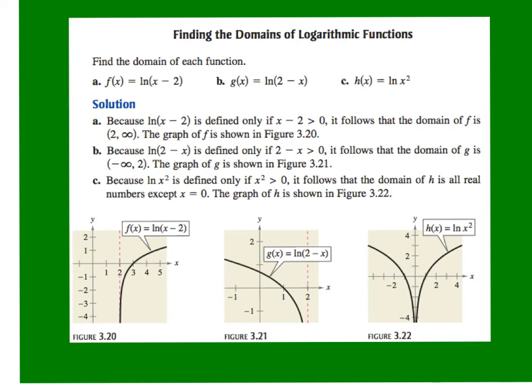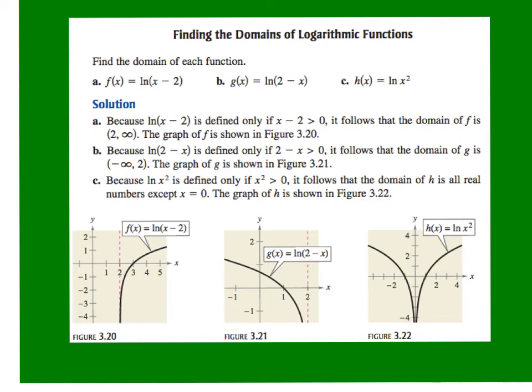So now we're going to find the domain of each one of these logs. And I'm actually going to do one more from your homework before we leave. So this natural log of x minus 2. What can we have as our inputs for our natural log? What can we not have? We can't have a negative.